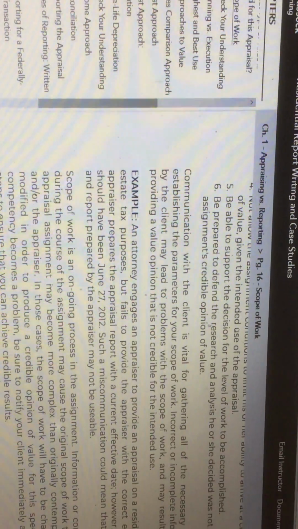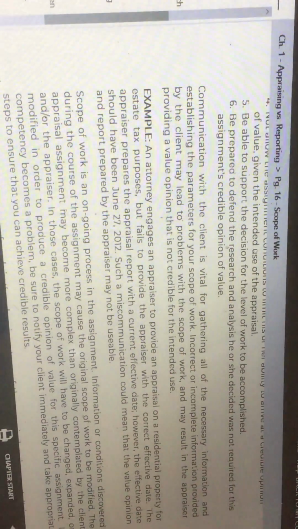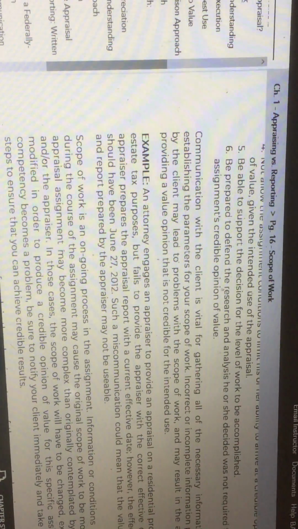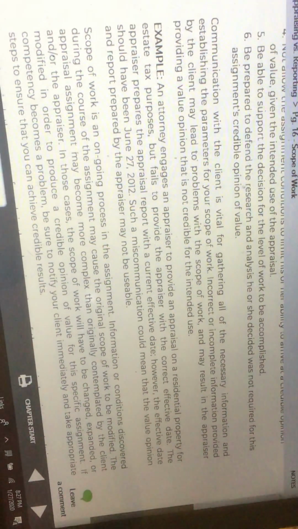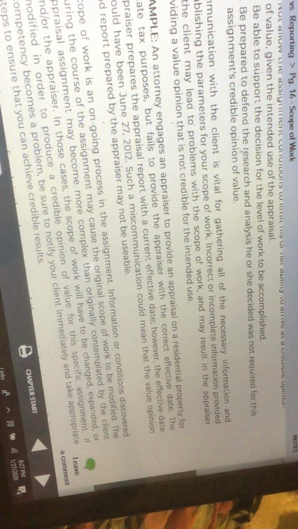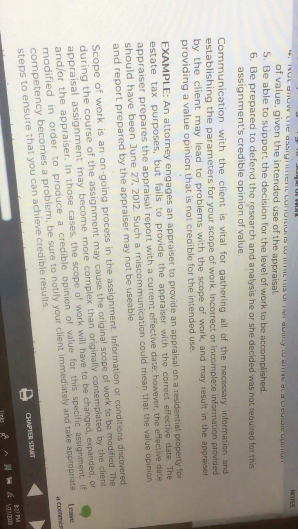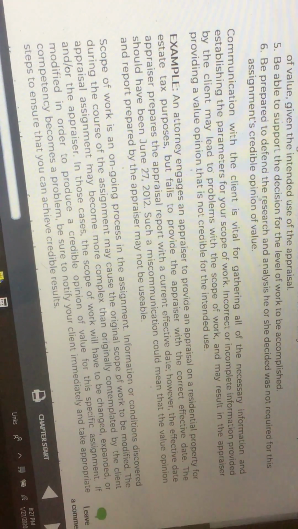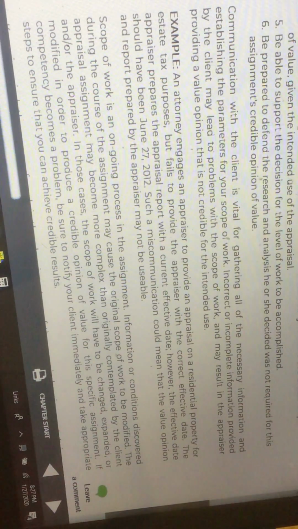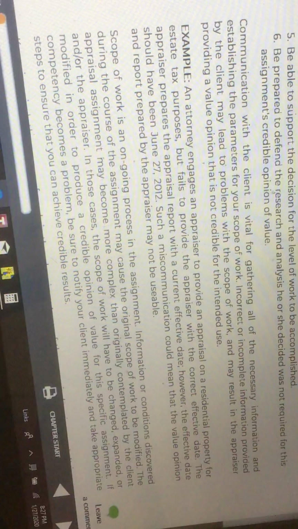5. Be able to support the decision for the level of work to be accomplished. 6. Be prepared to defend the research and analysis he or she decided was not required for this assignment's credible opinion of value. Communication with the client is vital for gathering all of the necessary information and establishing the parameters for your scope of work.